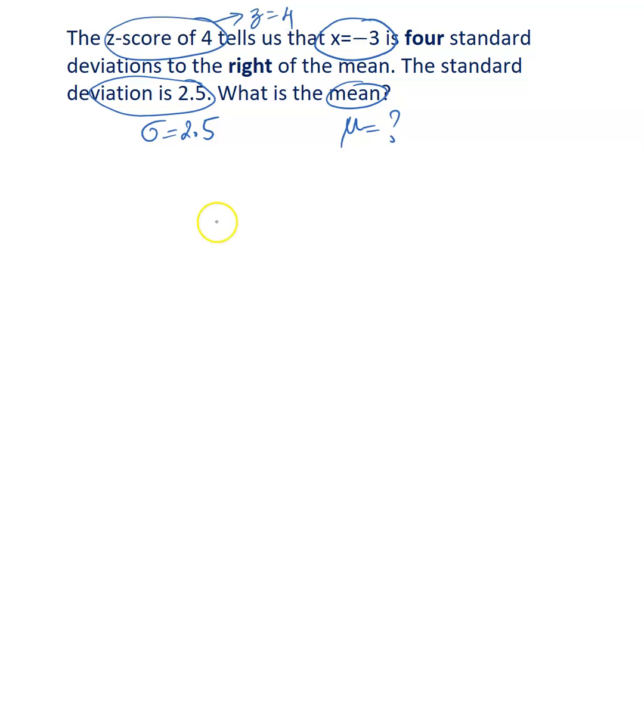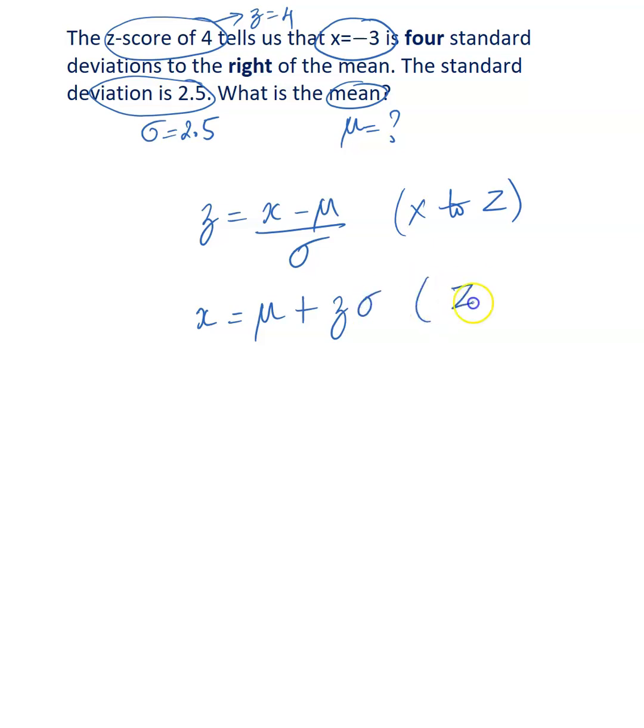So if you recall, we had this x minus mu over sigma when you went from x to z. When you want to go from z to x, then we use this, mu plus z sigma. This is from z to x. So we're going to choose this one to work on. And by the way, you're not trying to find x, you're actually trying to find mu. Mu is missing.